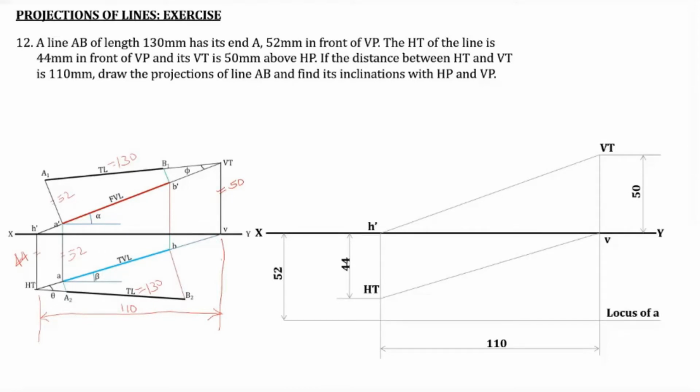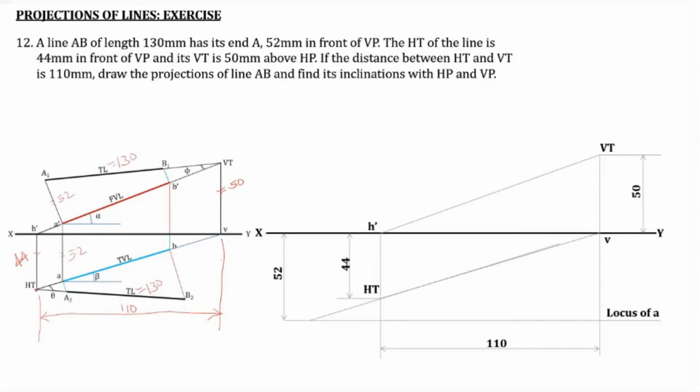Now we know that the point A is in the same line as HT and V. So we have to extend that particular line, extend the line HT and V towards the left. In our base figure, the point A is lying in between HT and V. That means A is nearer to the XY line than our HT.